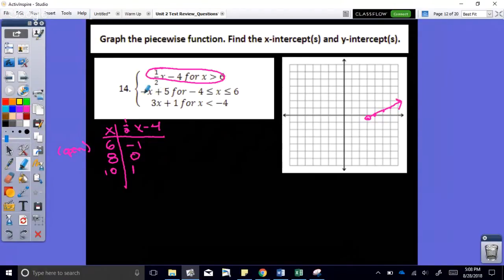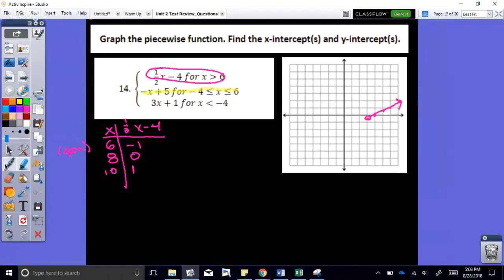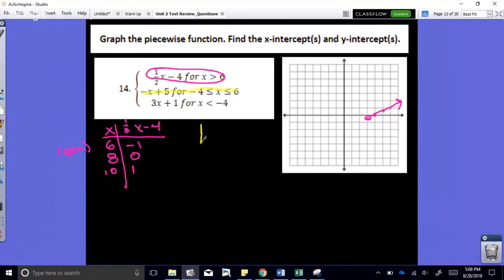We have another part on the inside, and we're going to use that yellow part for x between -4 and 6. So again, I'm going to go t-chart route, picking x values, so I'll plug in -4 and 6 into -x plus 5.